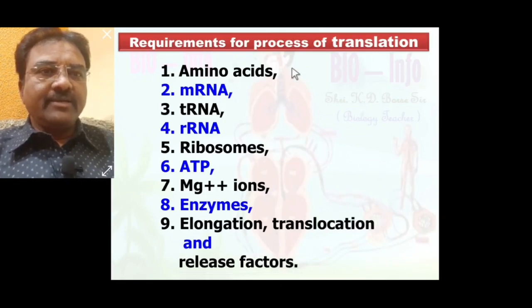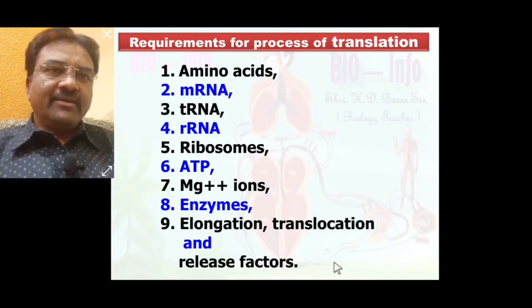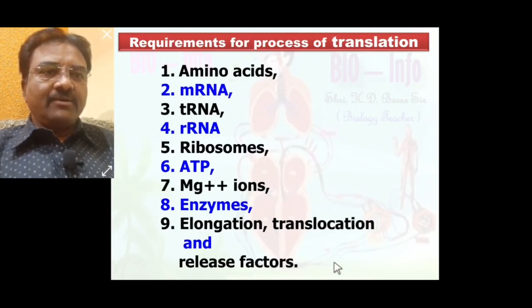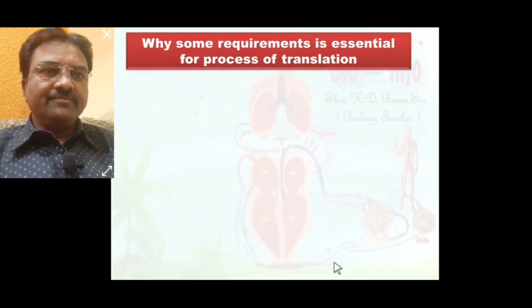So amino acids, mRNA, tRNA, rRNA, ribosome, ATP, Mg++ ions, enzymes, elongation, translocation and releasing factors are the requirements for the process of translation.